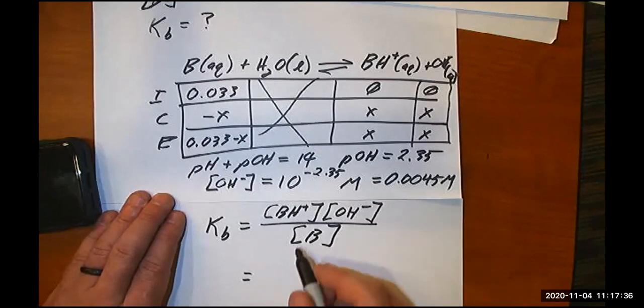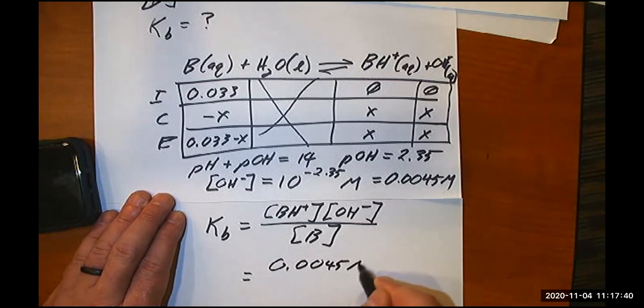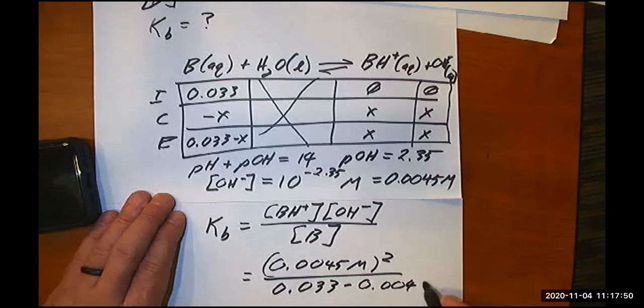And so it's going to be 0.0045 molar squared over 0.033 minus 0.0045 molar.